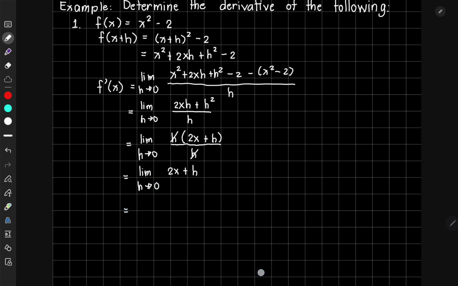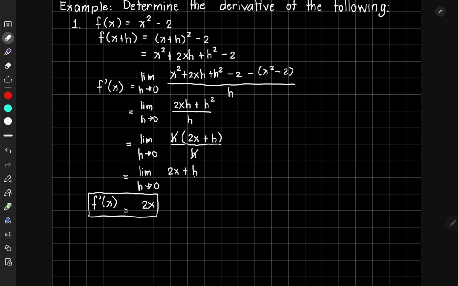And substituting yung 0 ay yung h natin as 0. So dito, yung h dito will become 0. Ang matitira lang would be 2x. And this would be the first derivative of the function x squared minus 2. So ito na yung sagot.